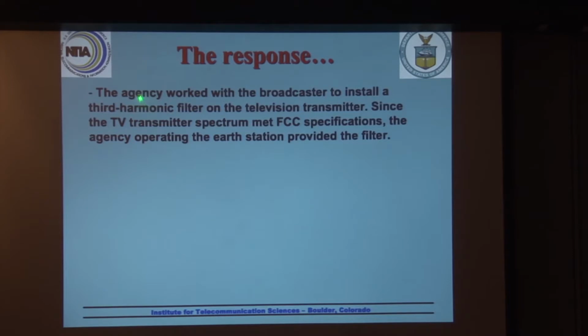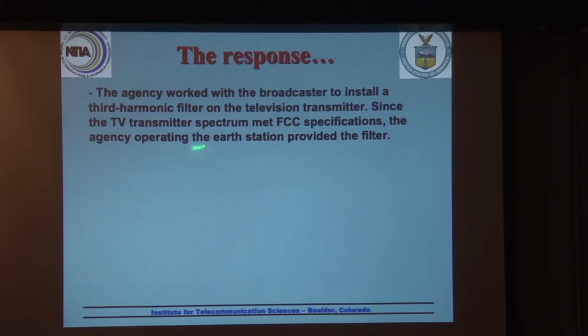The agency then worked with the broadcaster to install a third harmonic filter on the TV transmitter. Now, as I say, it wasn't clear at that point that the transmitter was producing that third harmonic from inside its guts. We had this indication that the energy was not coming from inside the transmitter's guts.